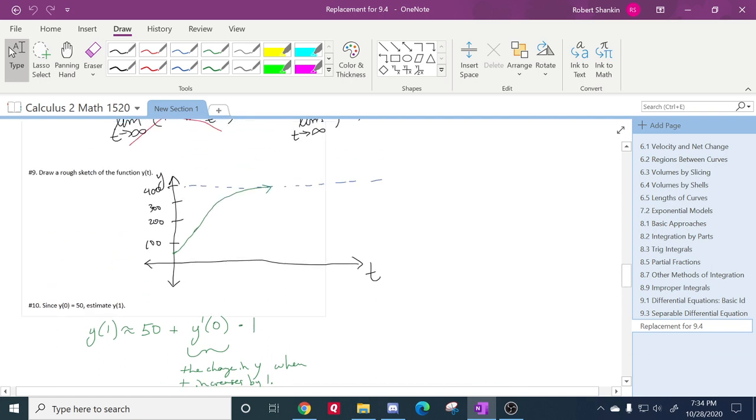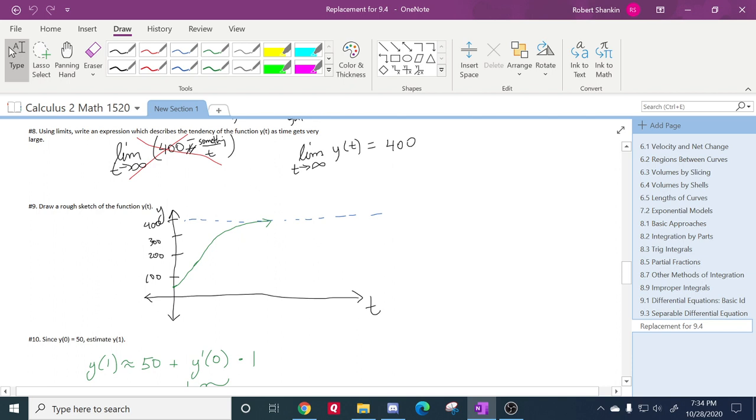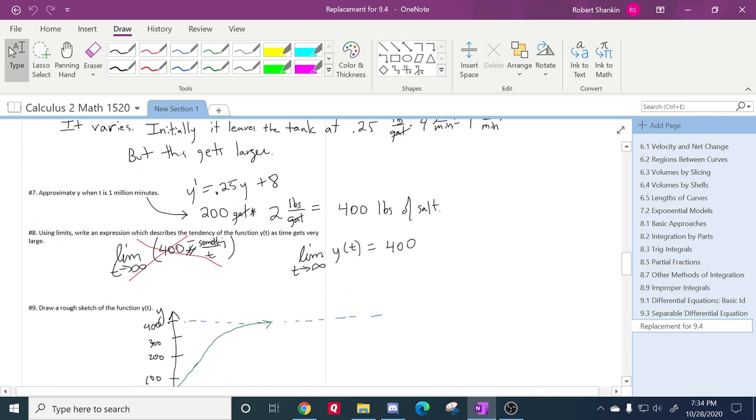We know the graph is going to be like this. I always found this tremendously fascinating, how this process gets to this. Now look at this.